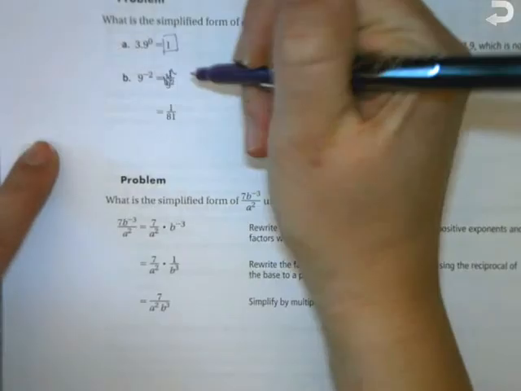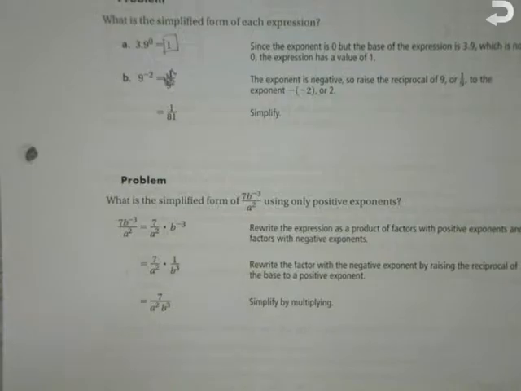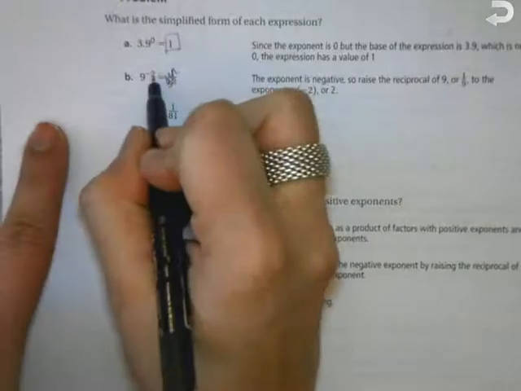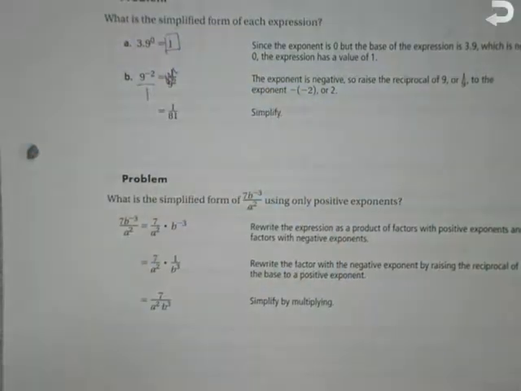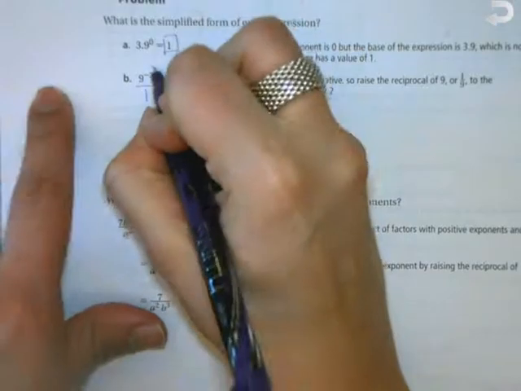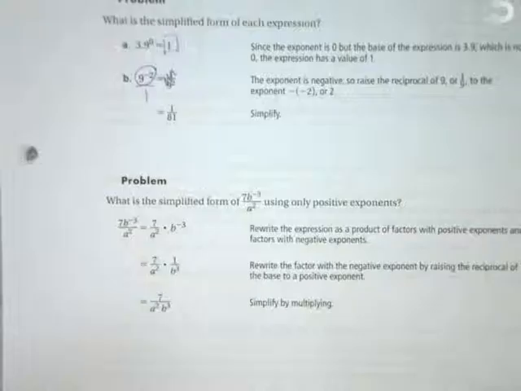Here's how I do these problems, because it makes a little bit more sense to me. 9 to the negative 2. Let's put that whole thing over 1 and make it a fraction. And this exponent of negative 2 is saying that my 9 is in the wrong place, so I move it down to the denominator.